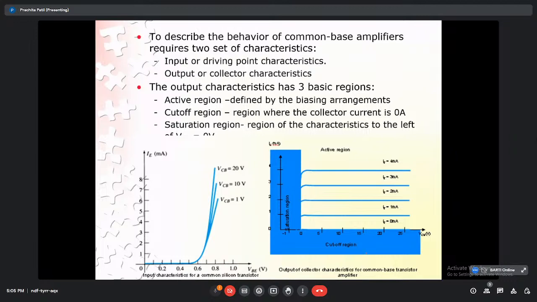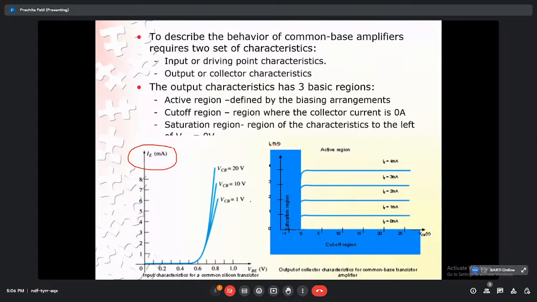The first one is the input characteristics. A very small voltage is given here, like 0.1, 0.2, 0.3, 0.4, 0.5, 0.6. If we increase this voltage and measure the emitter current, we get a graph of this nature.